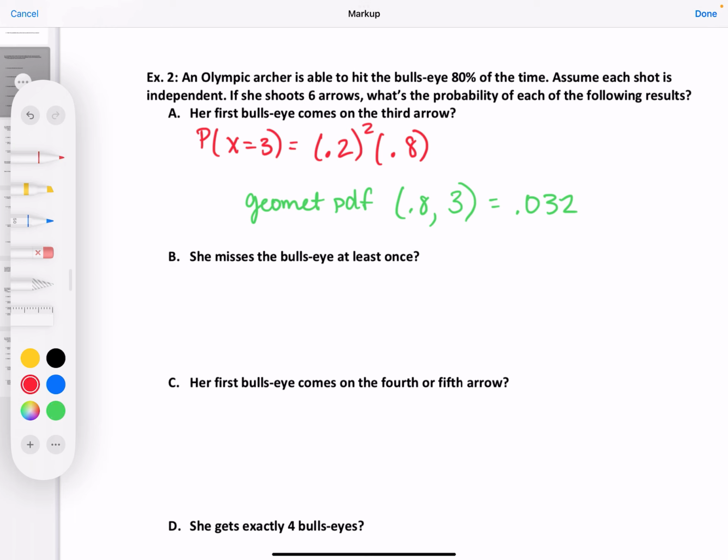So then she misses the bullseye at least once. At least says that I should look at what? Huh? The words at least. If it says to do something at least whatever. What did we say yesterday that we should use? I think it was like one of the last things we put in the notes. Says at least 10% condition. It says something about when you see the words at least think this or something like that.